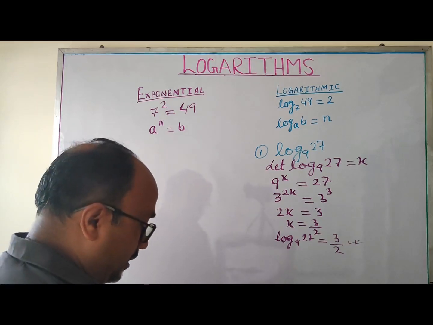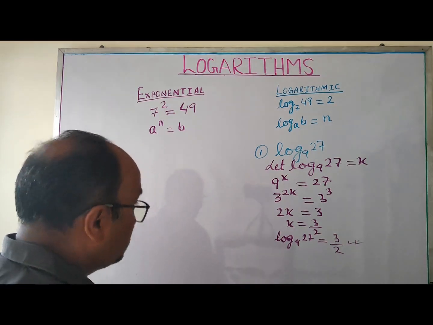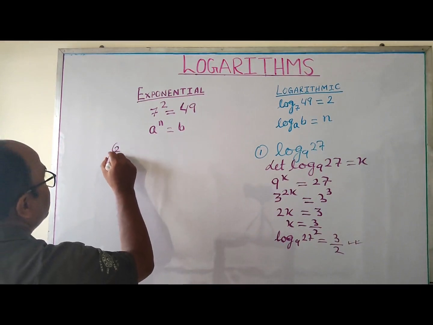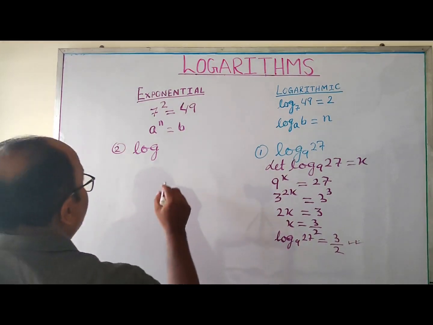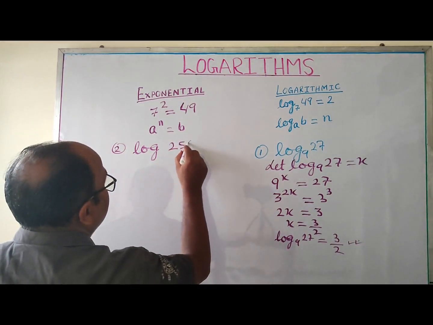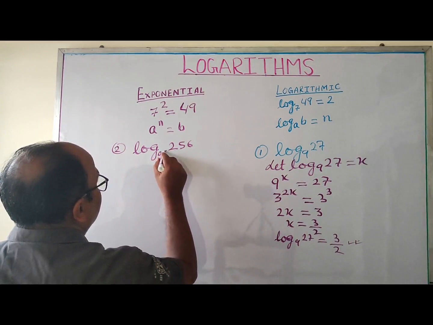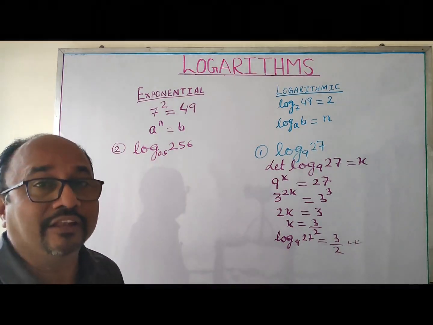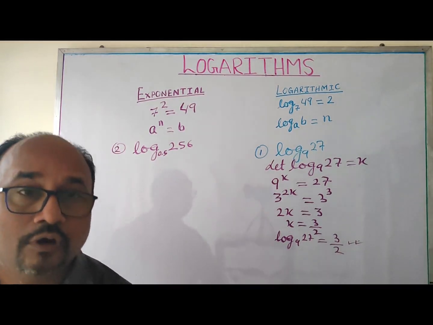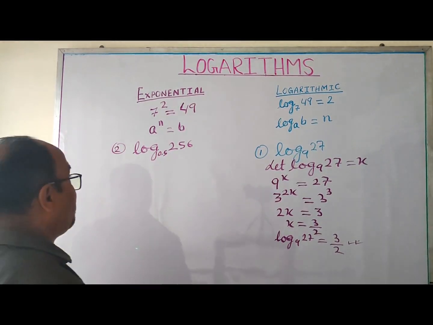If I am taking another sum, the second one, that is log 256 to the base of 0.5. I need to know the value of this now. So let us simplify it in the same way.